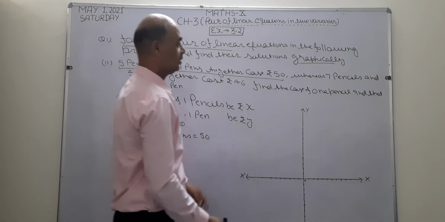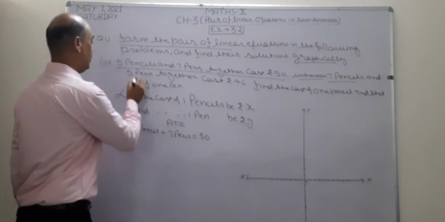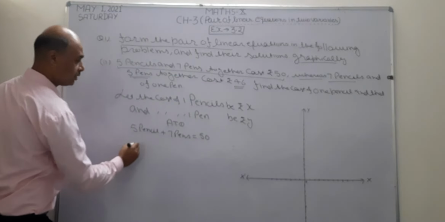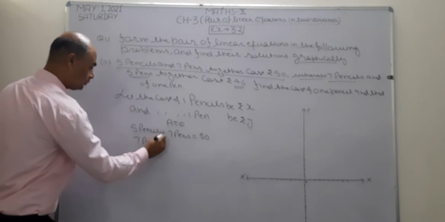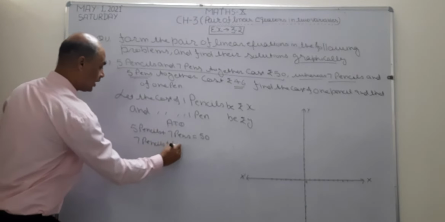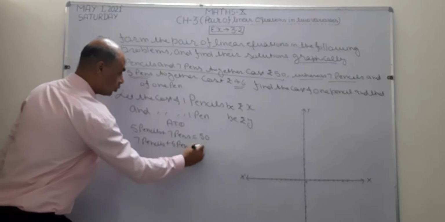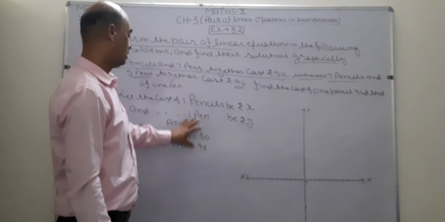Now in the second case, 7 pencils and 5 pens cost rupees 46. Okay.